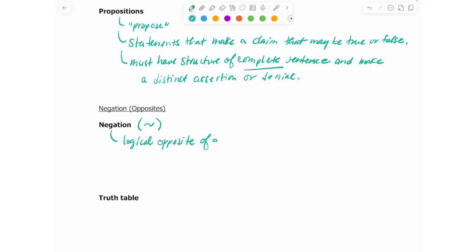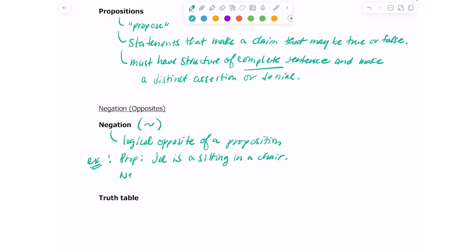Okay, let me give you an example. So let's say I said to you, Joe is sitting in a chair. Okay, that's a proposition. It's a complete statement. It could be a fact or it might not be. Now, if I want to negate that, it needs to be the logical opposite.